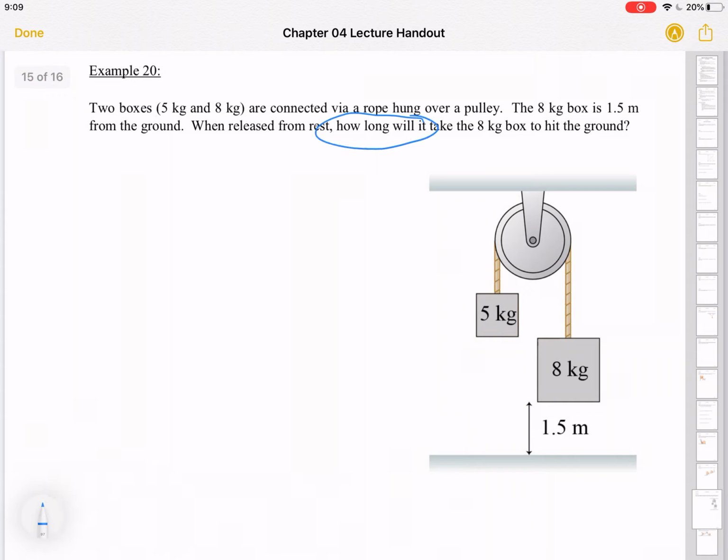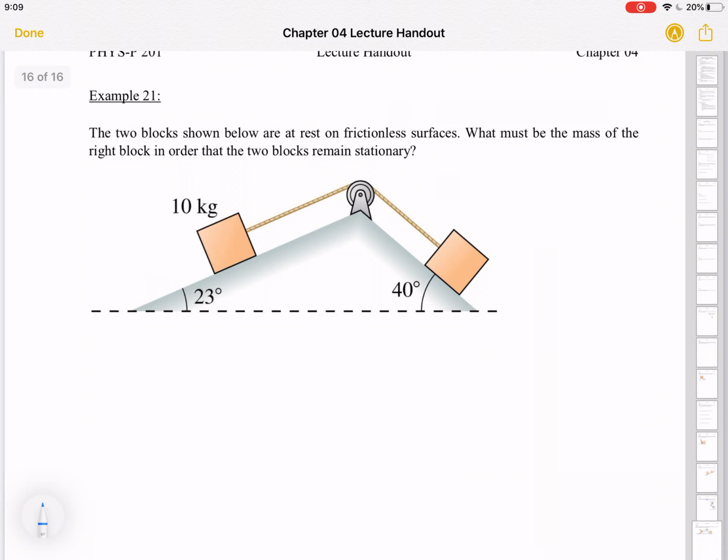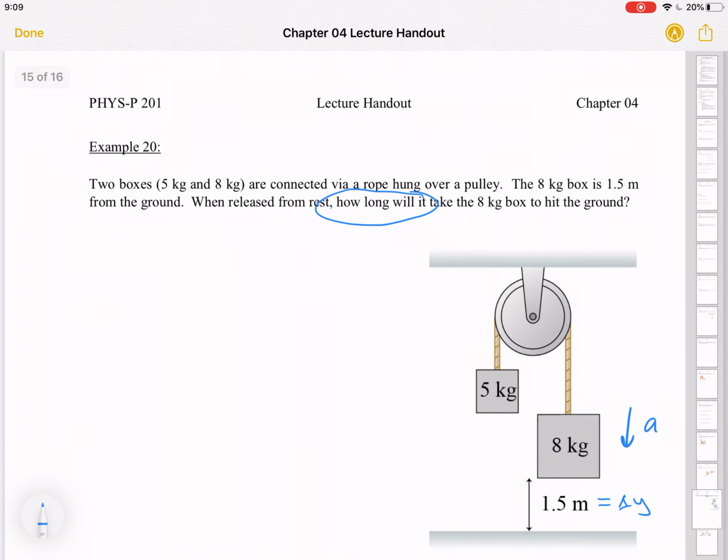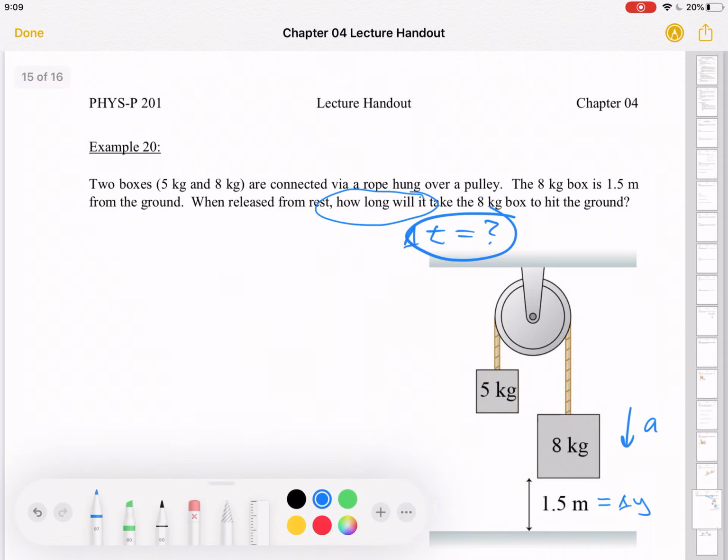If this system releases from rest, I expect that 8 kilogram block to accelerate downward, right? This 1.5 meters is like a delta y, and the question is looking for a delta t. That's a kinematics question.